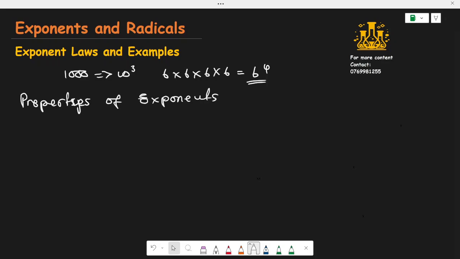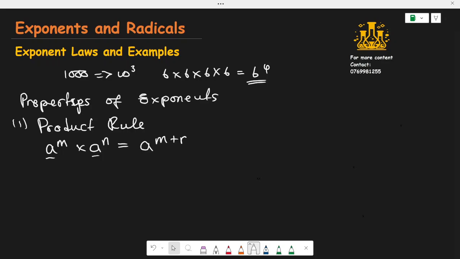The first property is what we are calling the product rule. It's where you basically have, let's say, a to the power m times a to the power n. Due to the fact that these two have the same base, they can be written as a to the power m plus n.